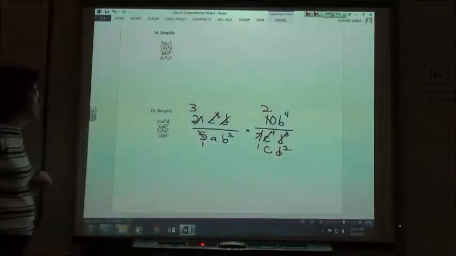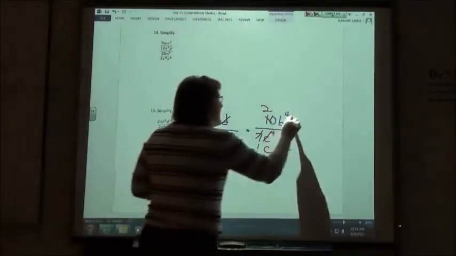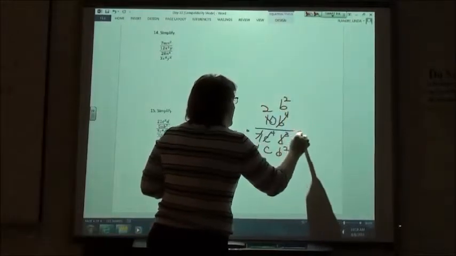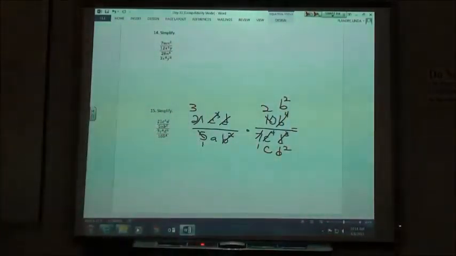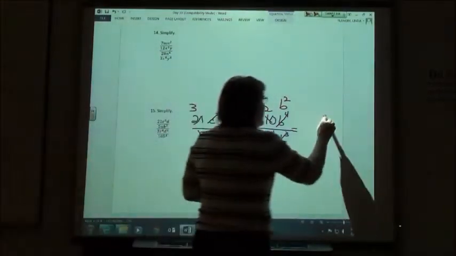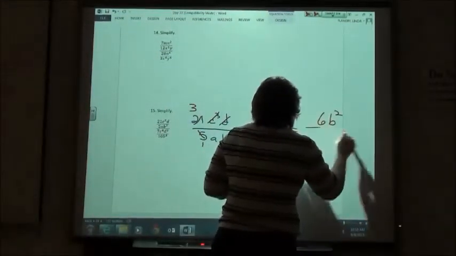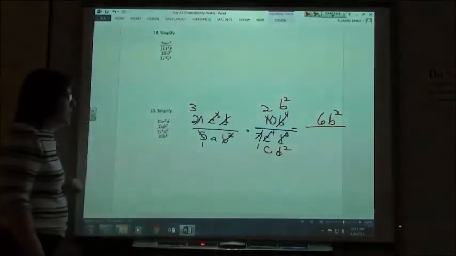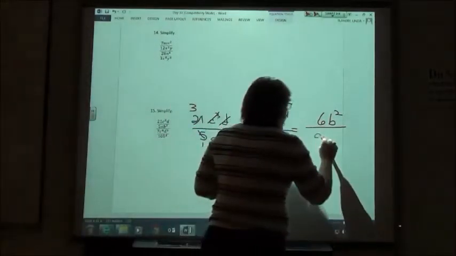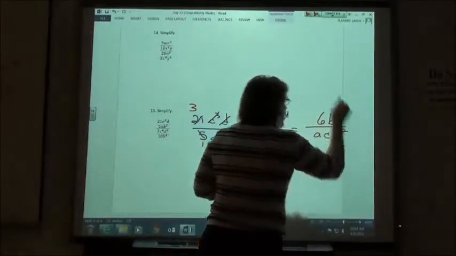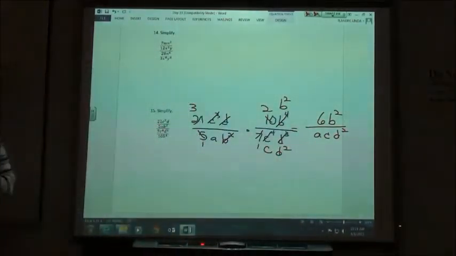And cancel out b to the second. And so on the top we're going to get 6b squared, and on the bottom acd squared. Exactly.